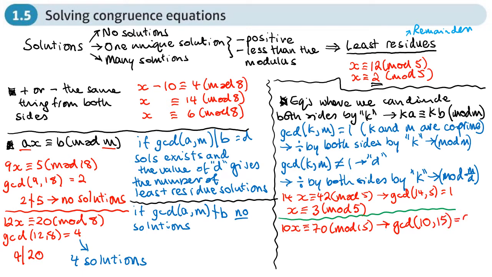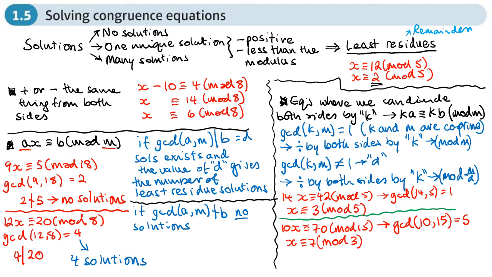That is 5. So I still divide both sides by 10, but then I divide the modulus by 5. So that will now become mod 3.